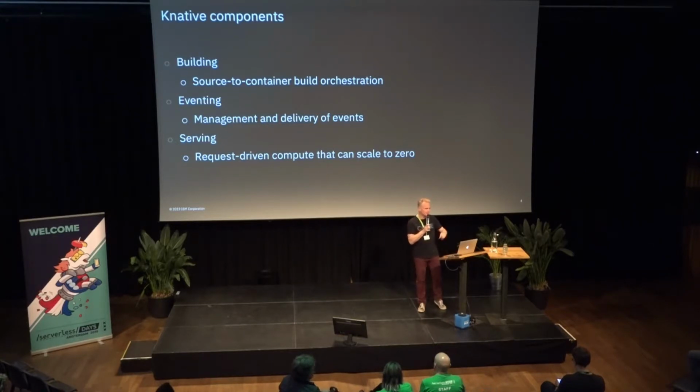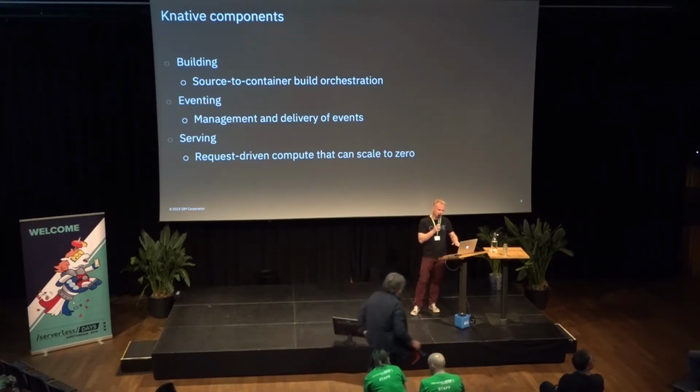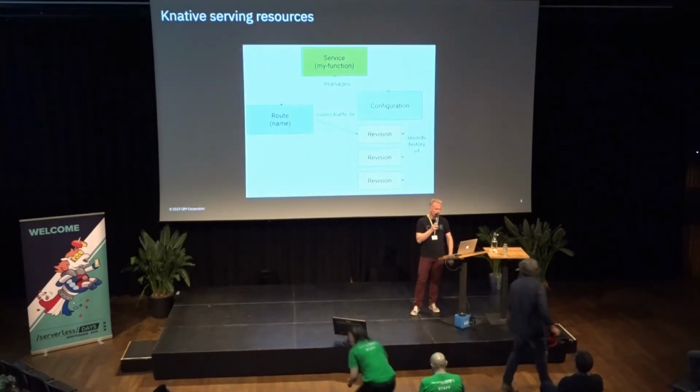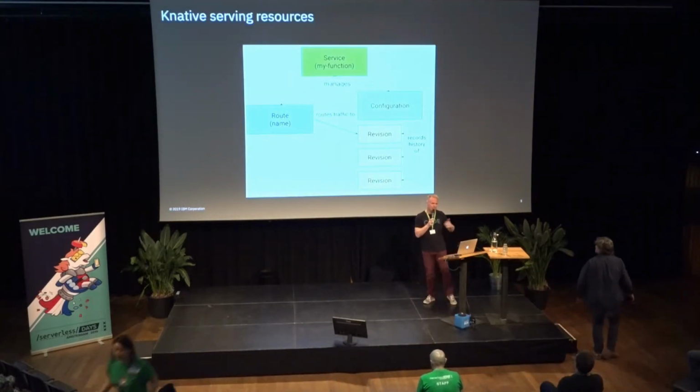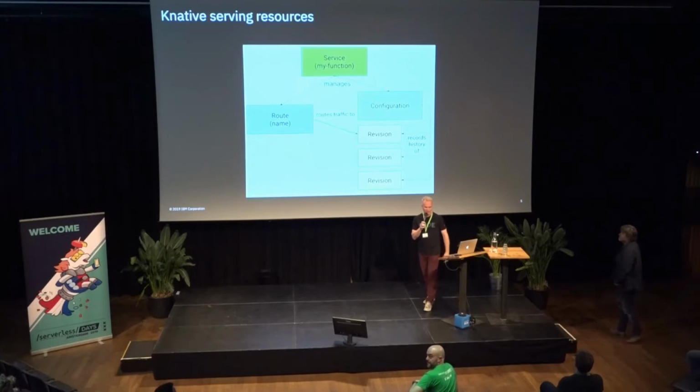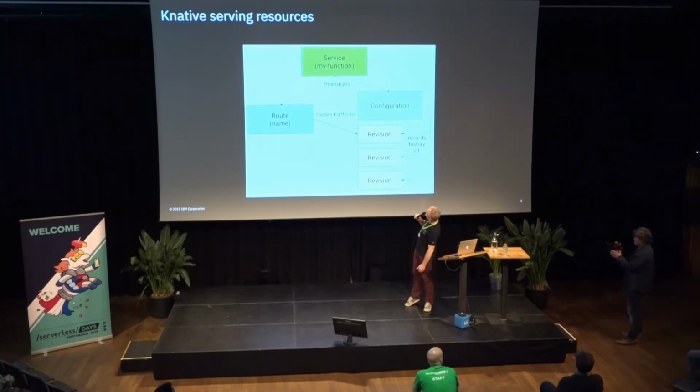And the serving component is built on Kubernetes, of course, and Istio to do the routing, scaling, and also scale to 0, which means serverless. When zooming in on the serving resource, it's pretty nice.